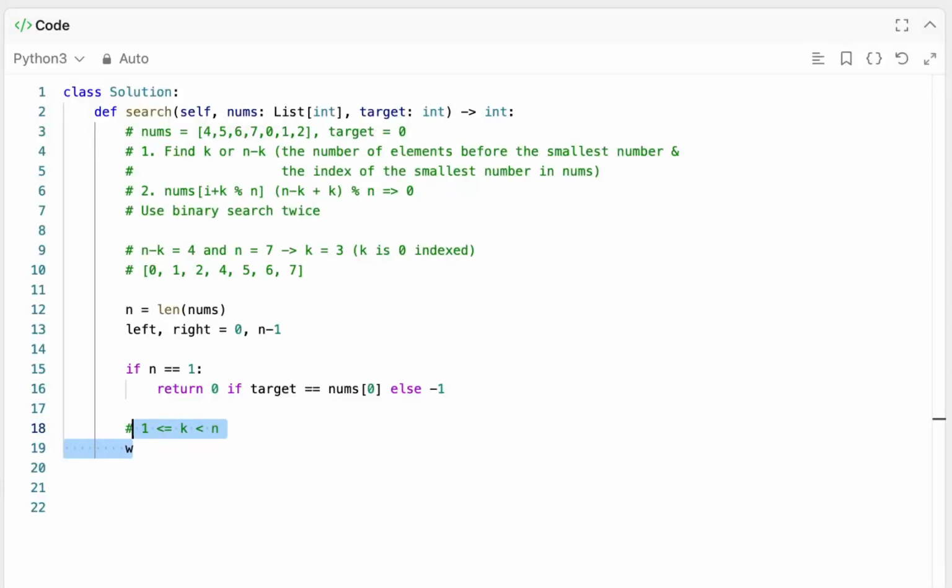And now that we have this length, I could continue as long as I do have an interval.